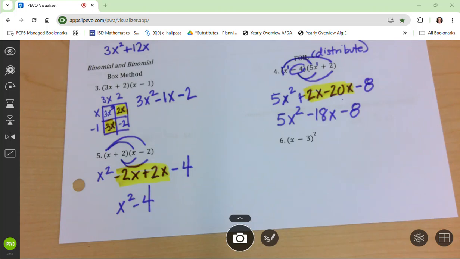If I want to square 5, I multiply it by 5. If I want to square 10, I multiply 10 by 10. So if I want to square x minus 3, I have to multiply x minus 3 by x minus 3. If you haven't written that out yet, do it now. X minus 3 times x minus 3, and let's see what we get.